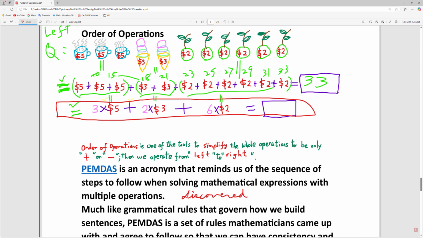So see how you pay for your purchase. Yes, you will pay $15 first, right? And you pay for 2 times 3, 6. And you pay $2, and you have 5. 5 times 2, 10. That's the way you pay, right?